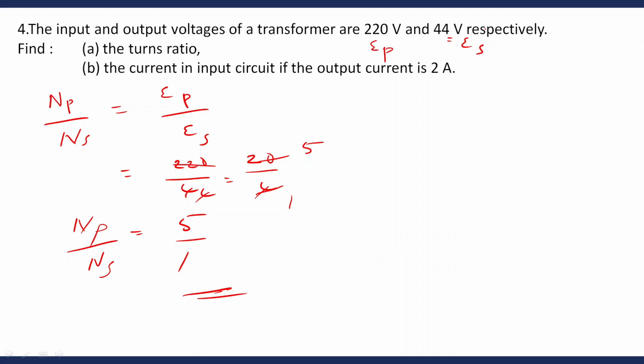Then we need to find the current here. The output current is given, so I will write it as Io, output current. I need to find the input current. So we have a formula that epsilon is inversely proportional to the current. From this I will write epsilon s into Io equal to epsilon p into Ip.